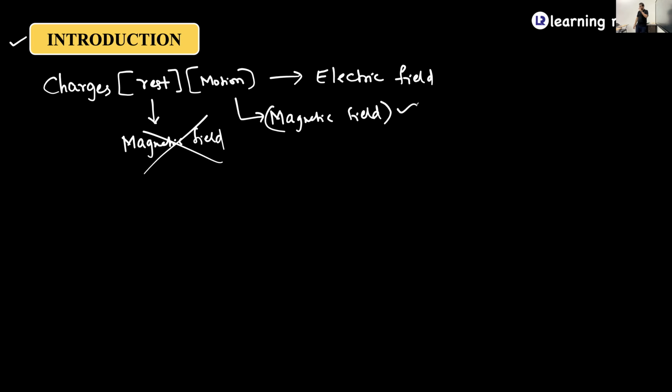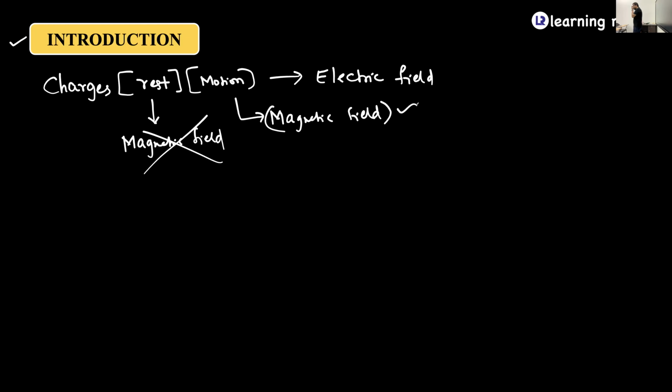So the whole objective of the chapter is to understand the magnetic effects of electric current, meaning how much magnetic field an electric current is going to generate due to a conductor.